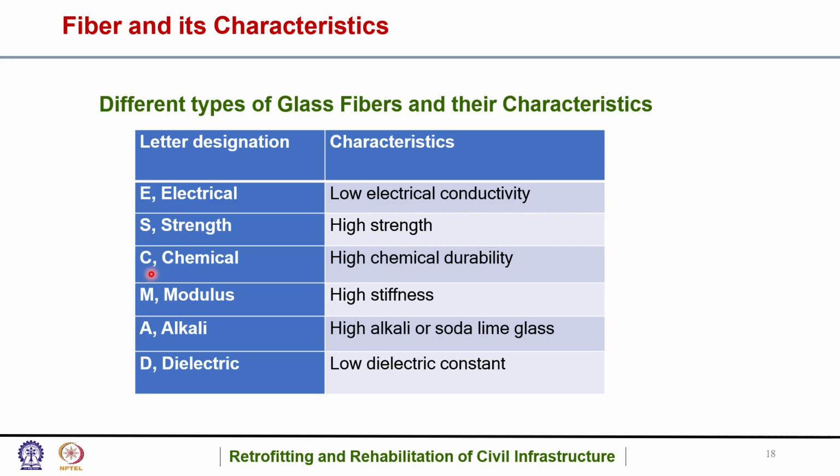In case of C glass, C denotes chemical, so that is high chemical durability. M signifies modulus, that is high stiffness. A signifies alkali, that is high alkali or soda lime glass. And D is dielectric, that is having a low dielectric constant. So these are some of the meanings of the letters in the prefix to the glass.